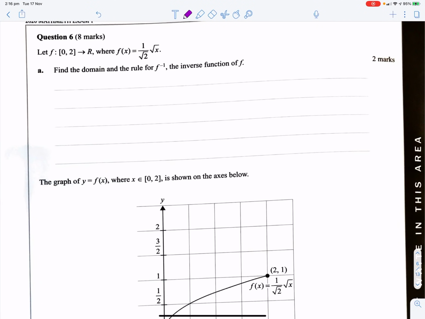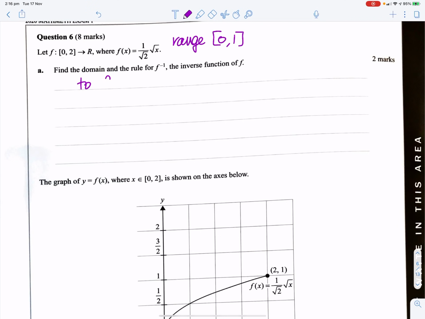Okay, find the domain and range for the rule. So here, if we know our domain is 0, we know our range is going to be 0. If I put 2 into that, I get 1 on root 2 times root 2, which is just 1.